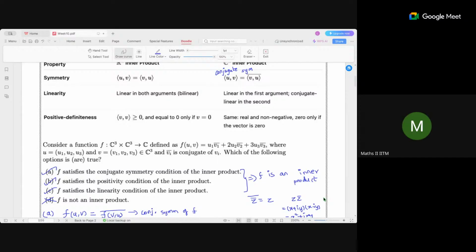If one is not satisfied, then it is not an inner product. Exactly, even if one of the conditions fails, it cannot be an inner product.